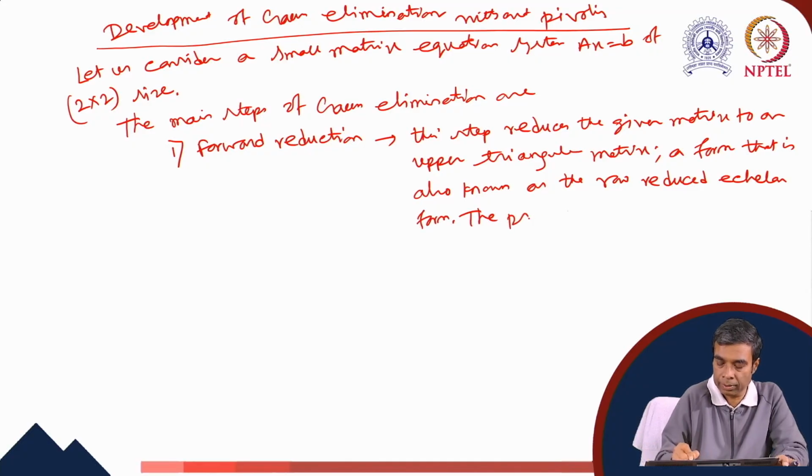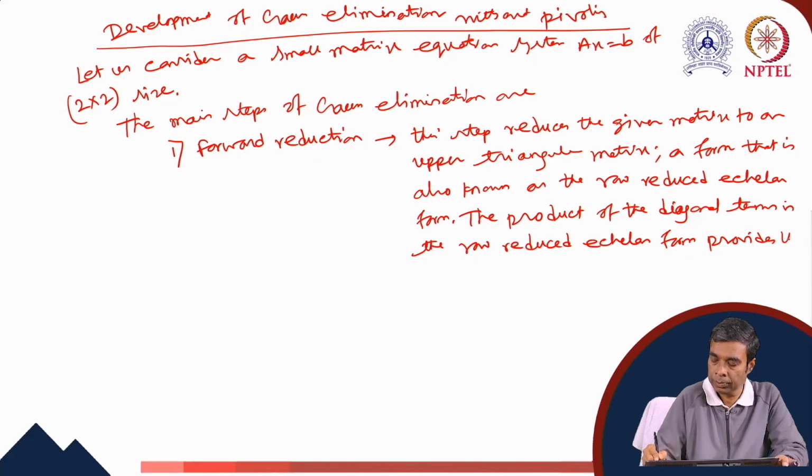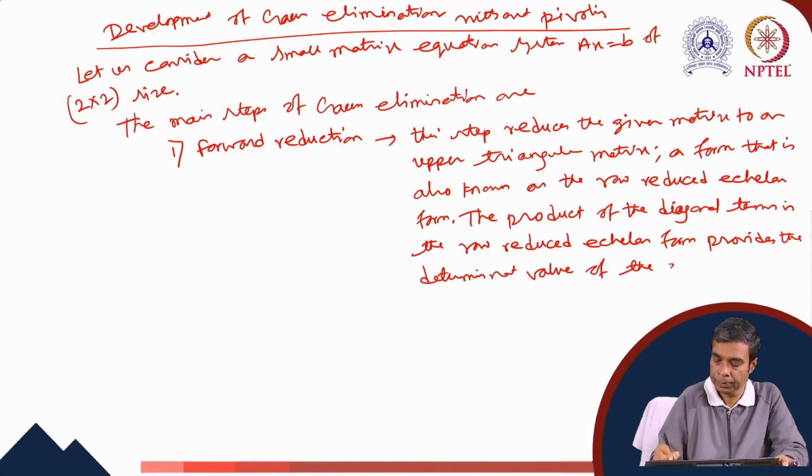The product of the diagonal terms in the row reduced echelon form provides the determinant value of the given matrix.